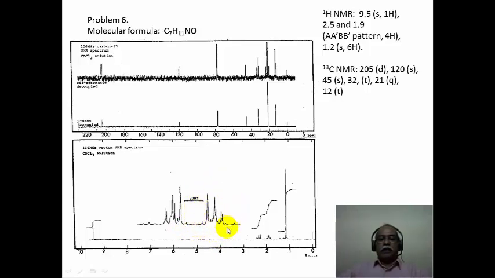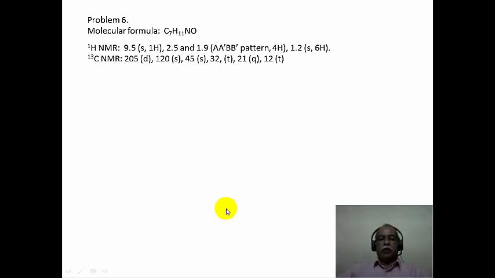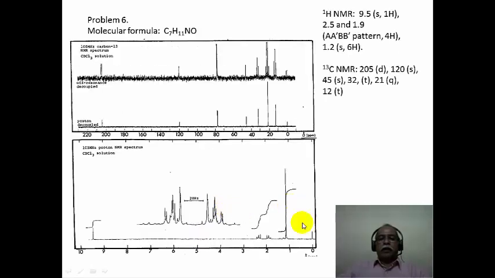On the right hand side, you have the AA prime pattern, which corresponds to 2 hydrogen intensity. So totally 4 hydrogen intensity satisfies the fact that this should be a 4 spin system. In the aliphatic region, such a 4 spin system can come only if a doubly substituted ethylene group is present.